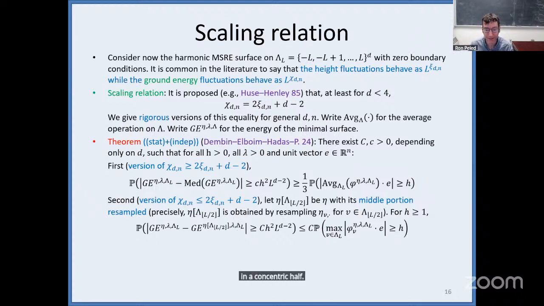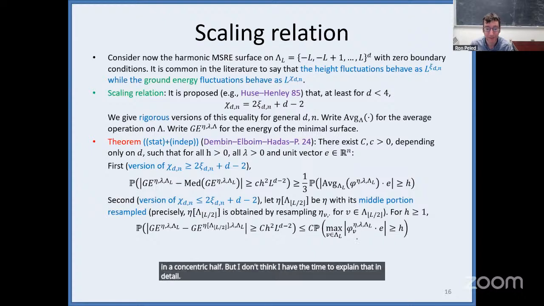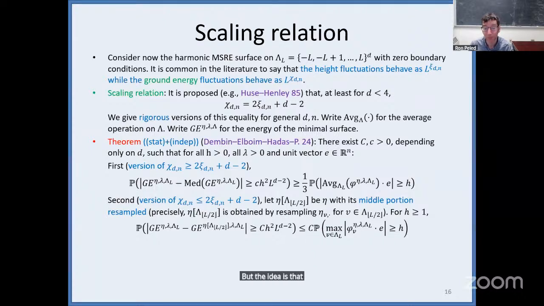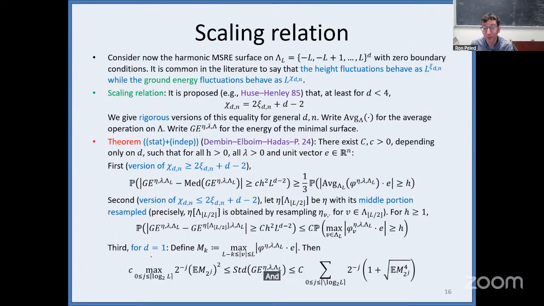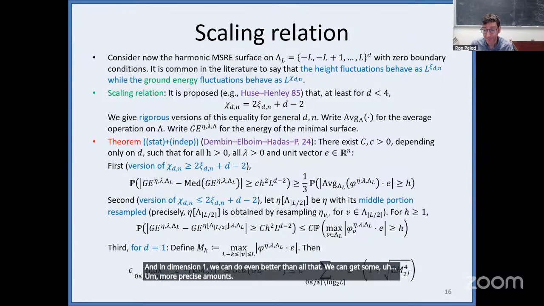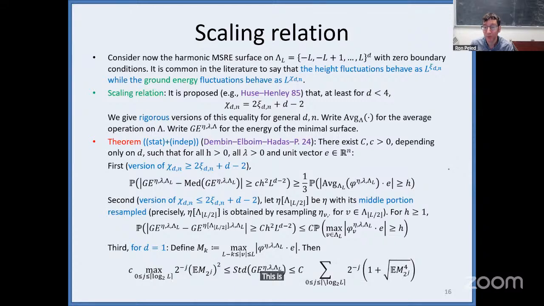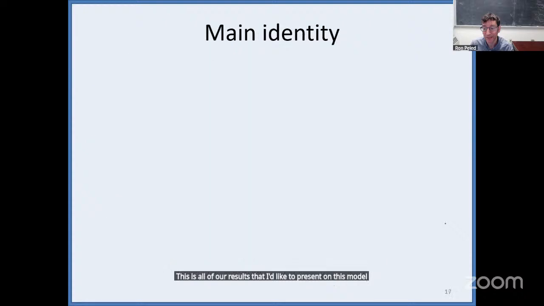But the idea is that this is the opposite inequality. And in dimension 1, we can do even better than all that. We can get some more precise bounds. This is all of our results that I'd like to present on this model, localization and scaling relation.